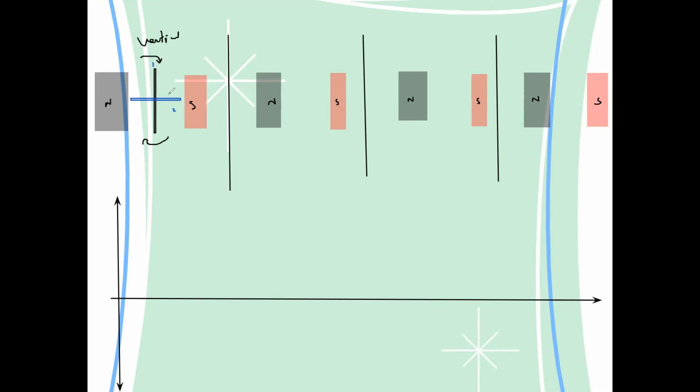When it is exactly horizontal, it is closer to the poles as compared to when it is vertical. So in which condition do we have a stronger magnetic field? When it is horizontal, because it is closer to the poles as compared to when it is vertical.